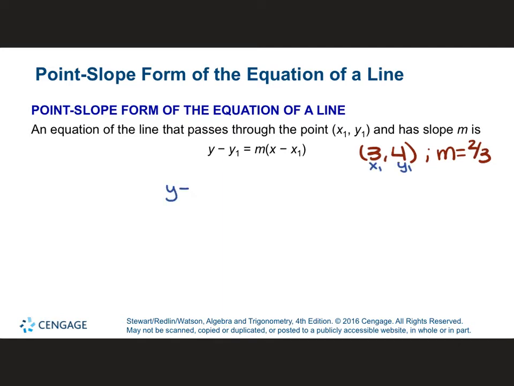The x1 would be that 3, so y minus 4 is equal to your slope, which is 2/3, times x minus x1, which we said was 3. And then we could literally leave it like this and be done with our equation.